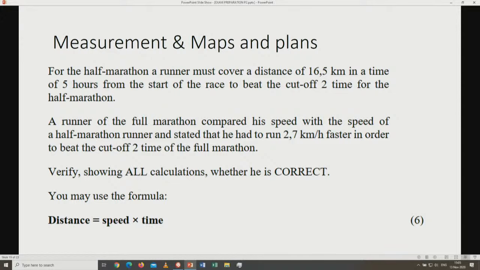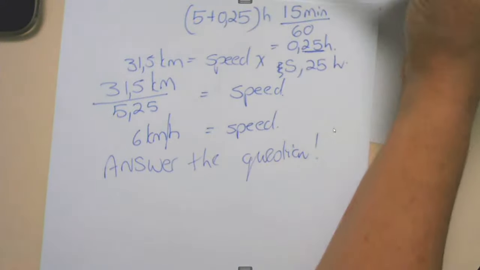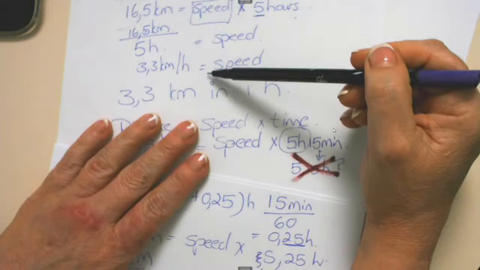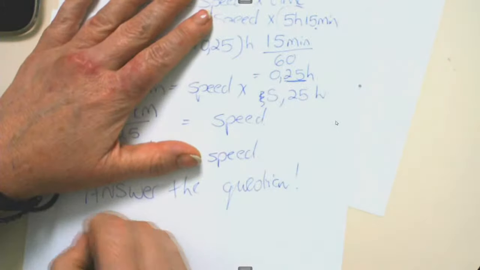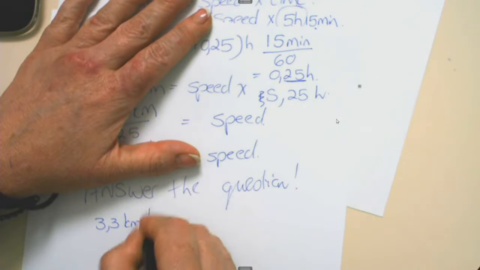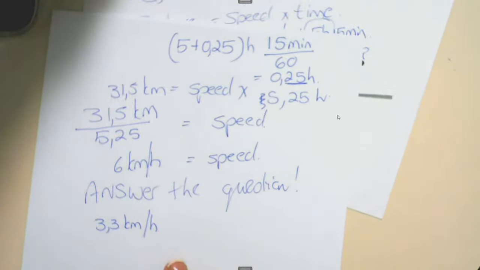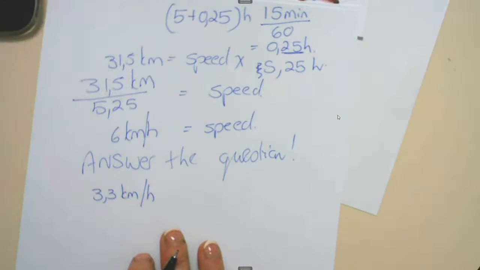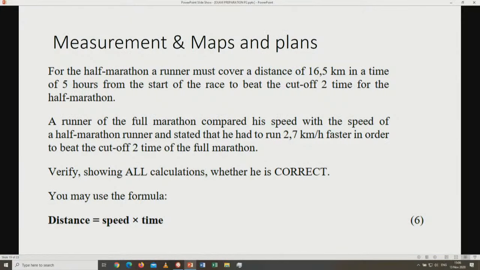So the speed that we calculated is 3.3 kilometers per hour, and if this guy is going to run faster, he must run 2.7 kilometers per hour faster.